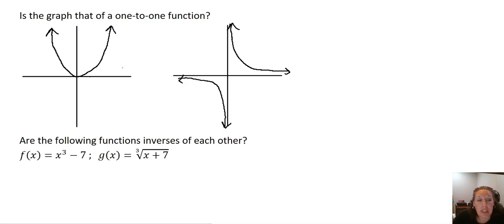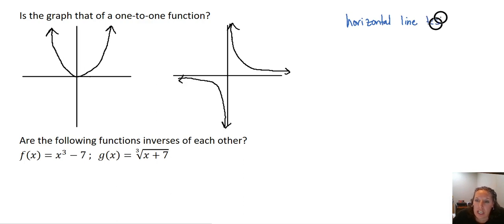To determine something is a function, we can use a vertical line test, and we say that it's not a function if a vertical line intersects it in more than one place. Well, the horizontal line test does almost the exact same thing for one-to-one functions.